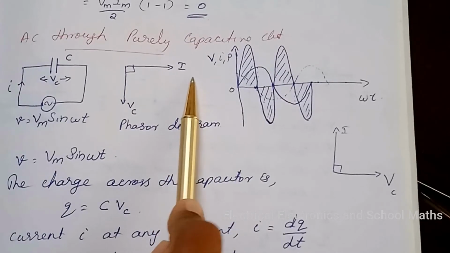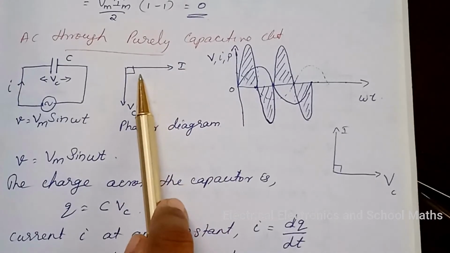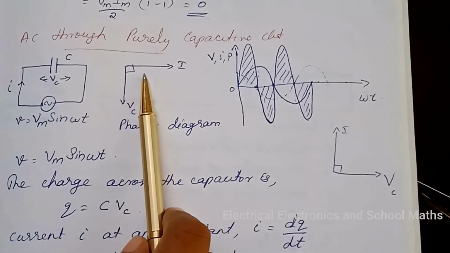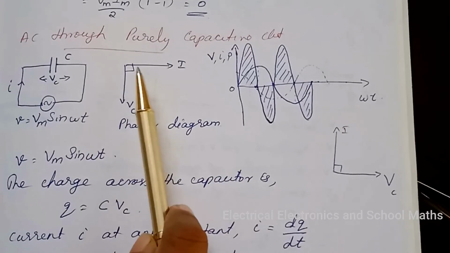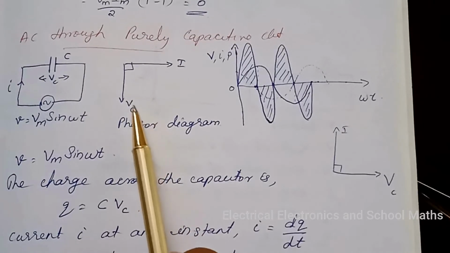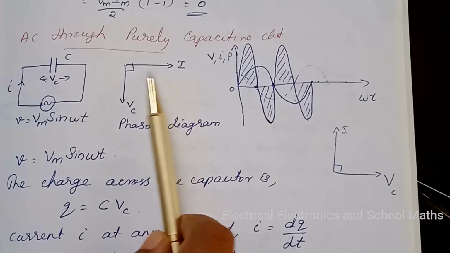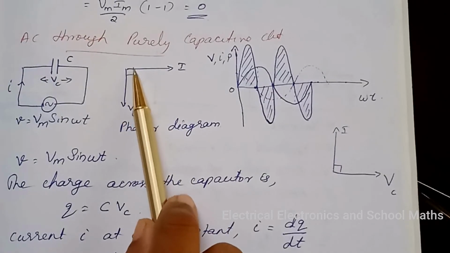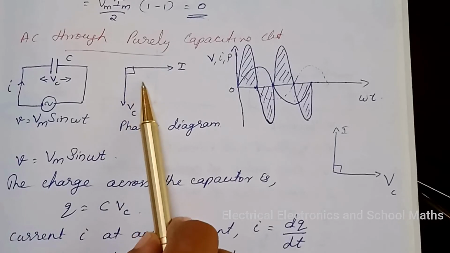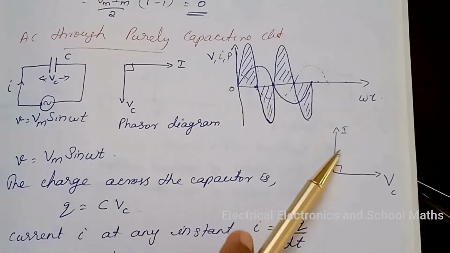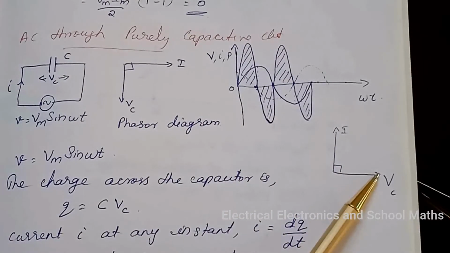Since the current leads the voltage by an angle of pi by 2 or 90 degrees, we can draw the phasor diagram like this. Here the current leads the voltage by an angle of pi by 2, or we can draw the phasor diagram like this also.